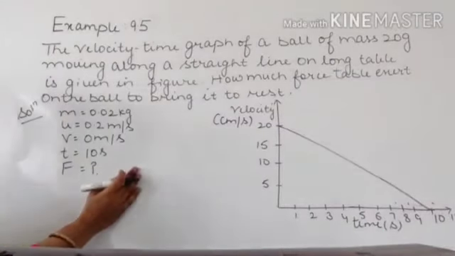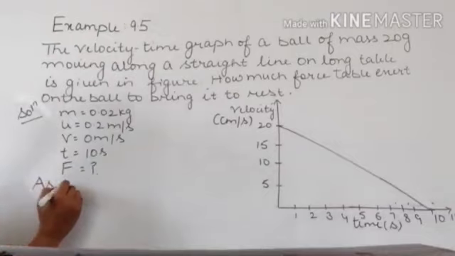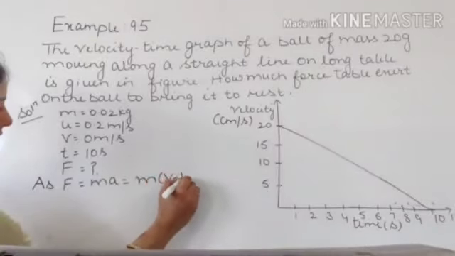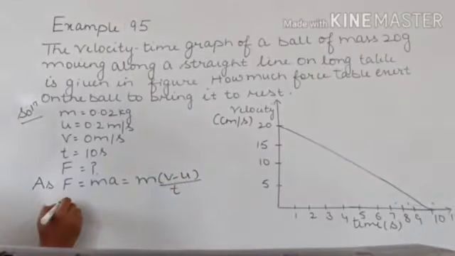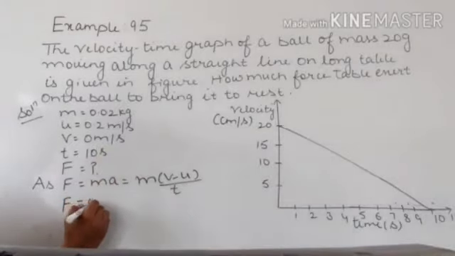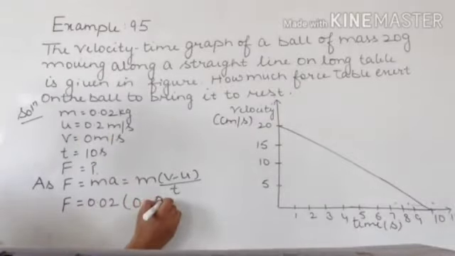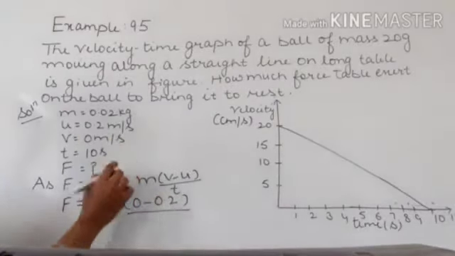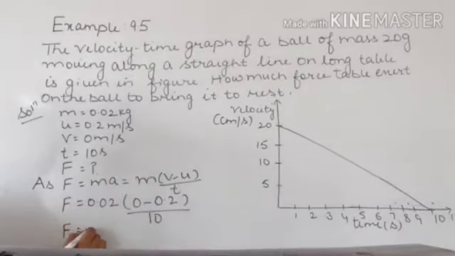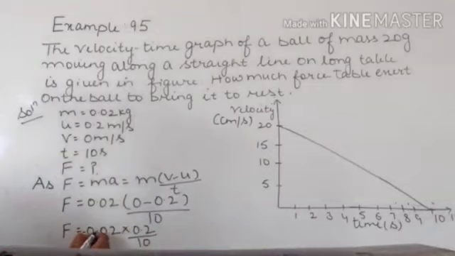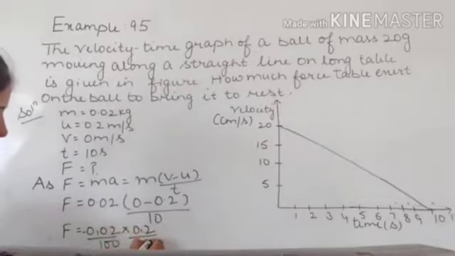Now see, we have to calculate the force as F is equal to ma, mass times acceleration, v minus u by t. You have to put all the values here. F is equal to mass 0.02, final velocity 0 minus u, 0.2, divided by t, t is 10. Now further solve, we get 0.02 multiplied by minus 0.2 divided by 10. So here you can bring these decimal points, 0 here, 2 zeros and 1 zero here.